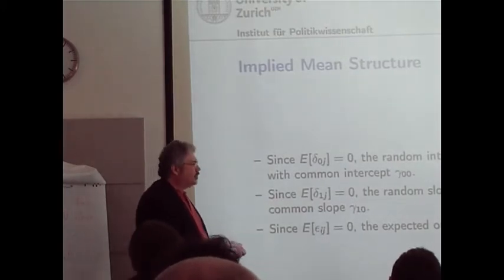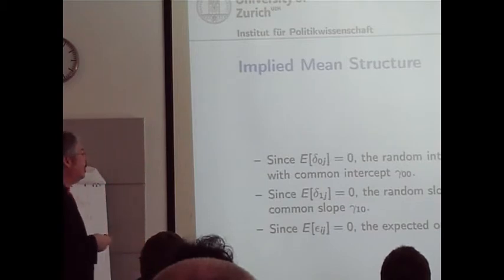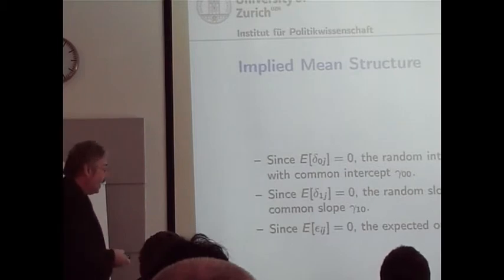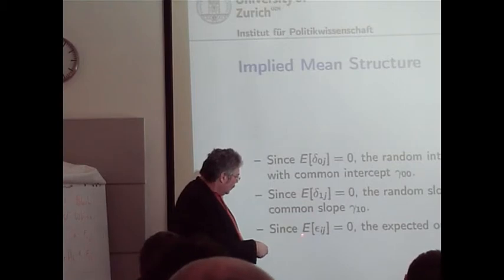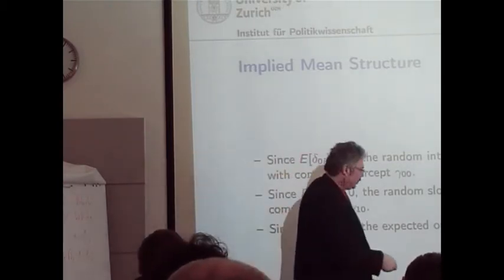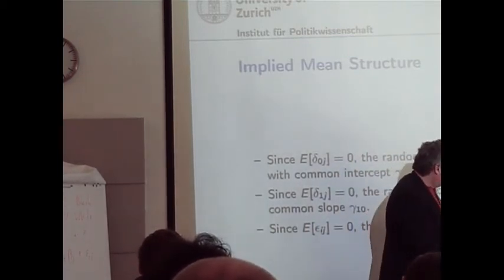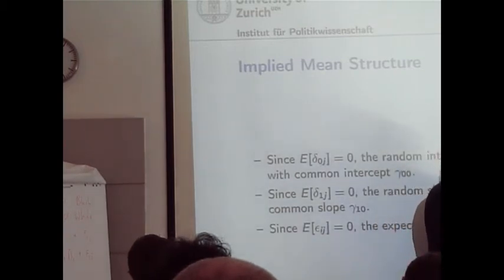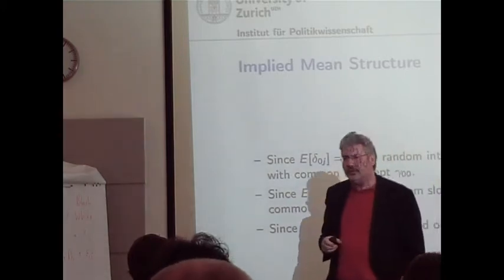We also have the random slopes being drawn from a distribution with a common slope gamma 1,0. Because also the errors epsilon are on average 0, if you want to look at the predicted mean of the outcome, it's simply equal to gamma 0,0 plus gamma 1,0 times xij.